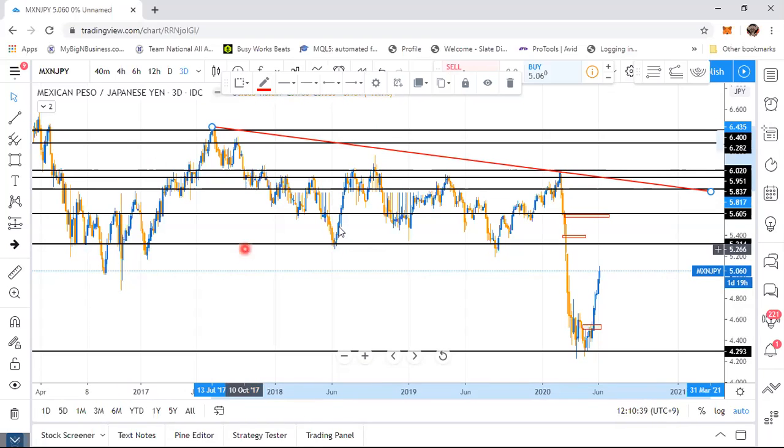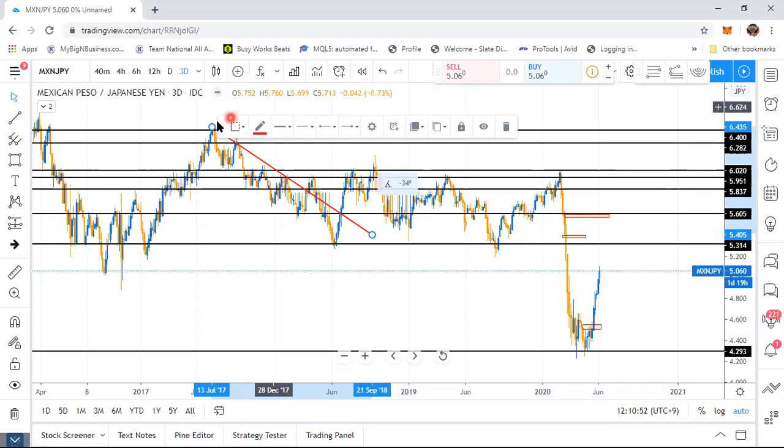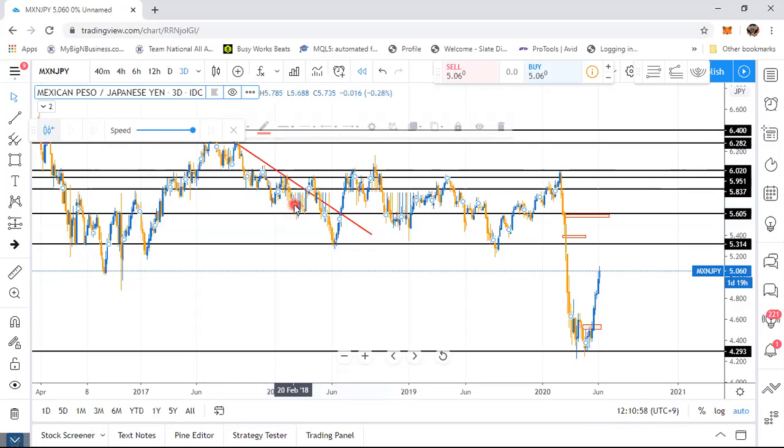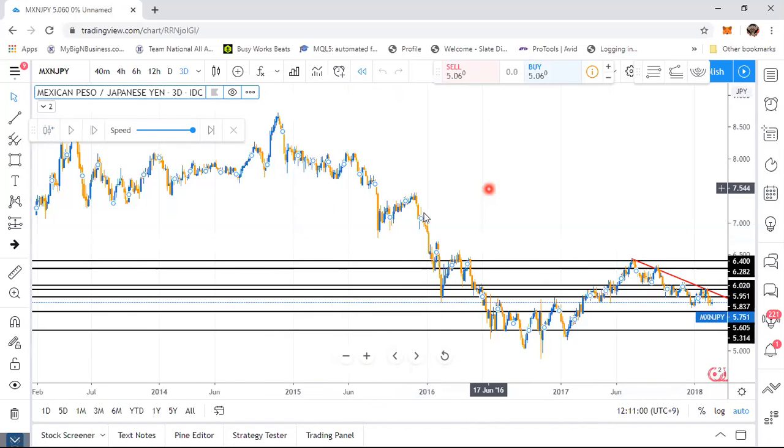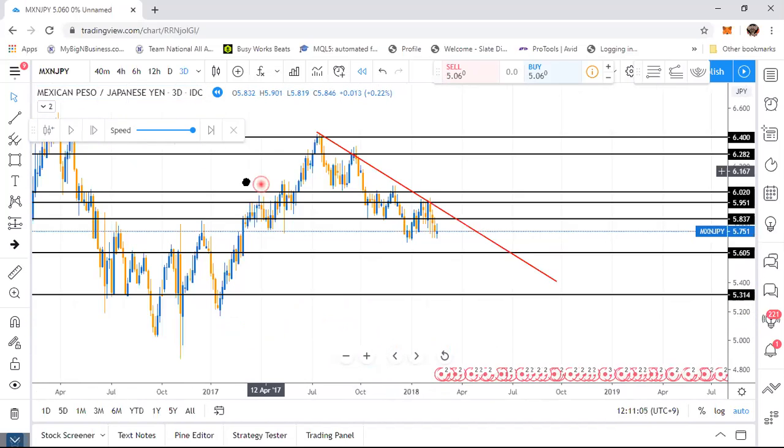So let me do this. In real time, this is what that chart would look like back then. We would have connected through here and would have run it like this, right? This is what it would have looked like in real time. All right.